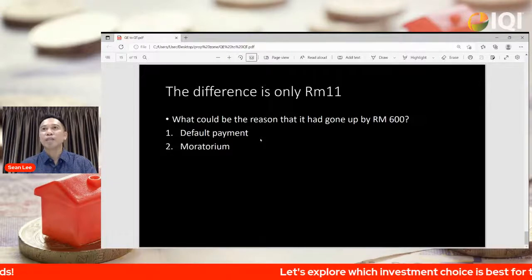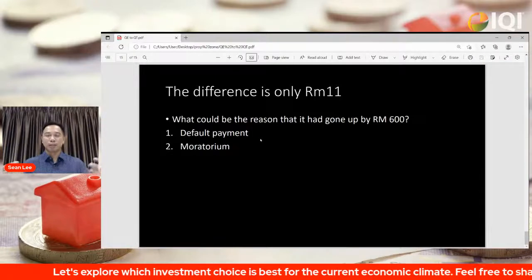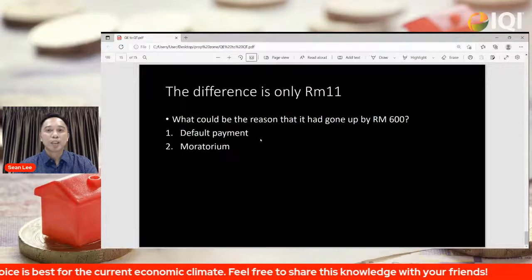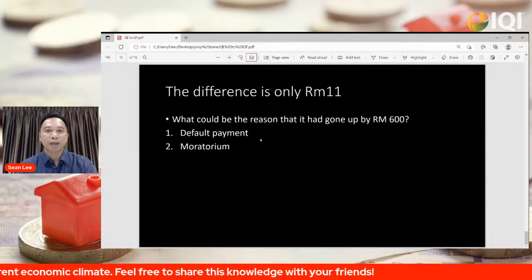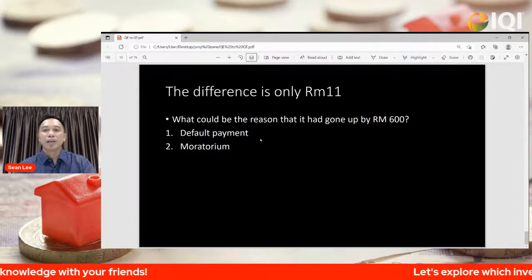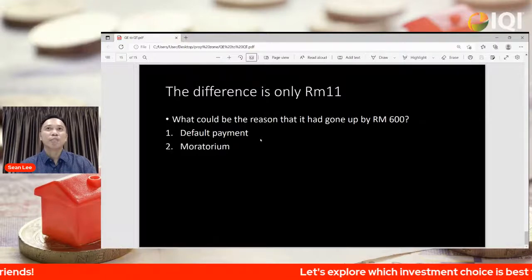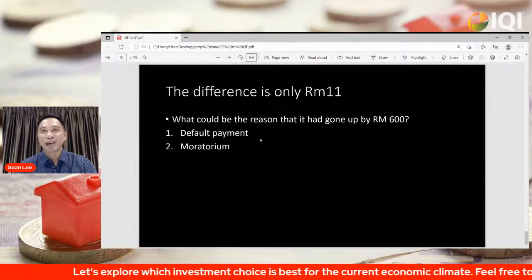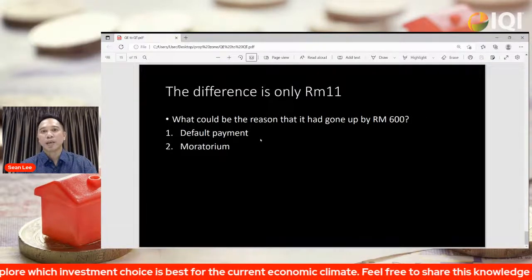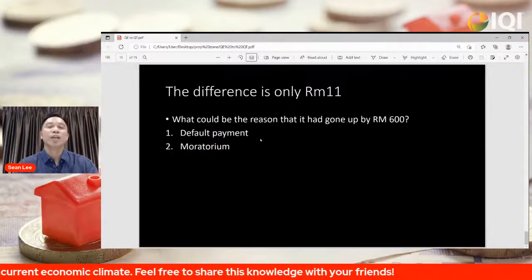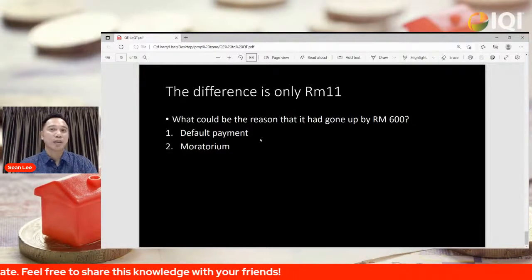But the advantage is that sometimes we have to look at things in a bigger picture. We have to know that the central bank will not raise its rate that fast, that much, if they are not seeing the economy back on track. Just a review: back in 2008 to 2013, Malaysia experienced one of the greatest hikes in property prices, and this was in tandem with Malaysia increasing the interest rate during that time.